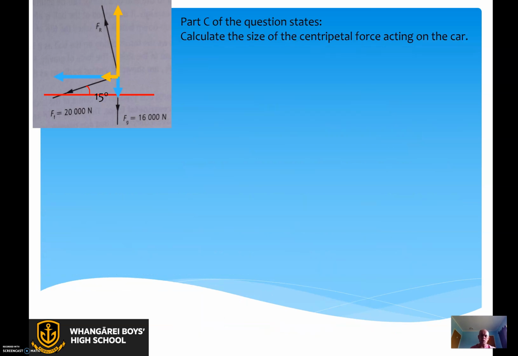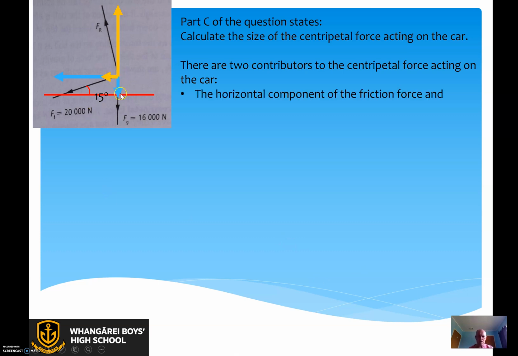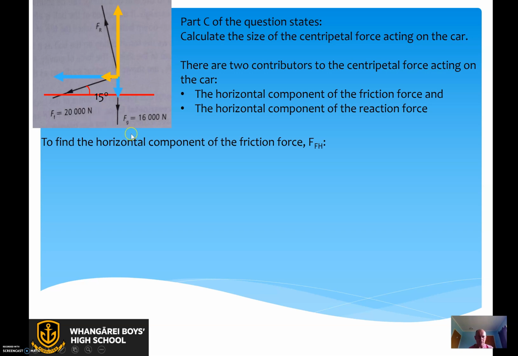Now, part C of the question states, calculate the size of the centripetal force acting on the car. Well, that's coming from two causes. There are two contributors. One is the horizontal component of friction force, the blue vector, and the horizontal component of the reaction force, the yellow vector. We'll find the blue vector first, and I'm going to call that the horizontal component of the friction force, FFH.